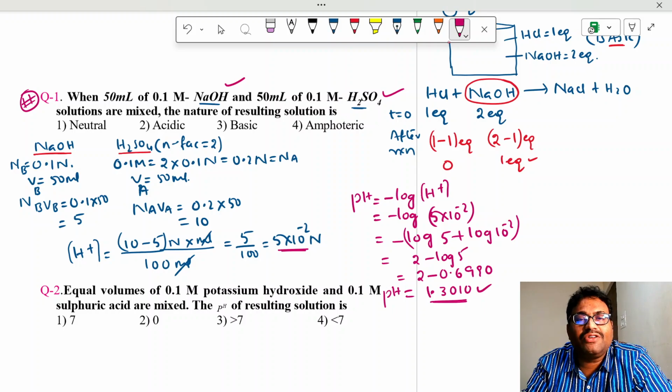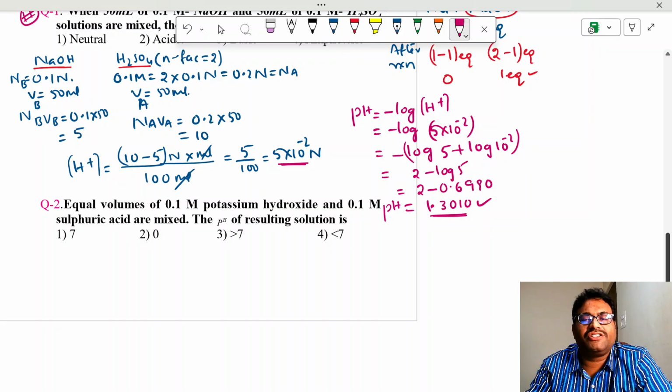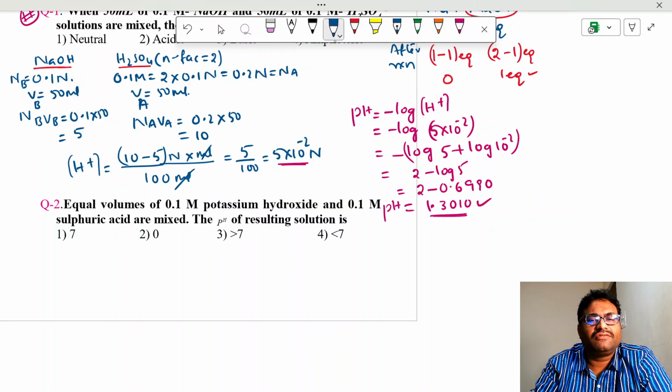If it is an acidic solution, the pH of the solution will be less than 7. So now the pH is less than 7, which is equal to 1.3010. Understood?